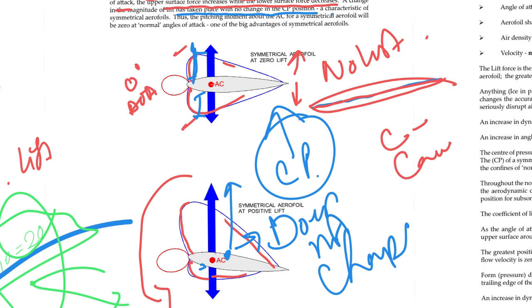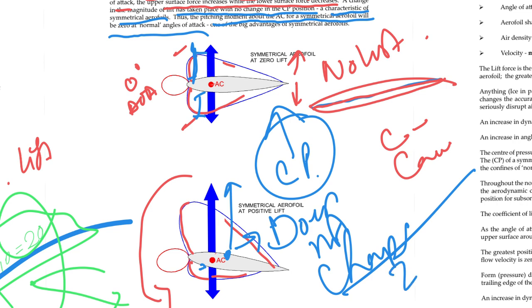Remember, this is the characteristic of a symmetrical airfoil. Thus, the pitching moment about the aerodynamic center for a symmetrical airfoil will be 0 at normal angle of attack. Very important MCQ question: for a symmetrical airfoil, what will be the pitching moment about the aerodynamic center?